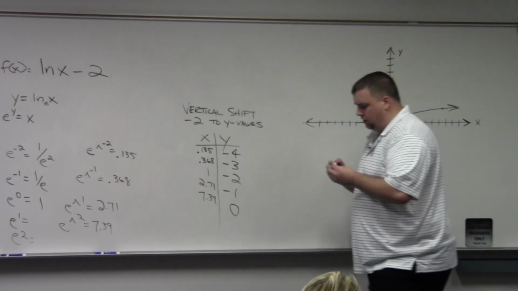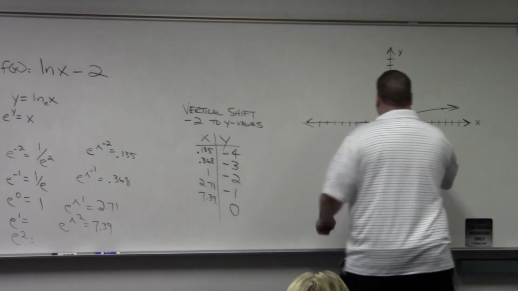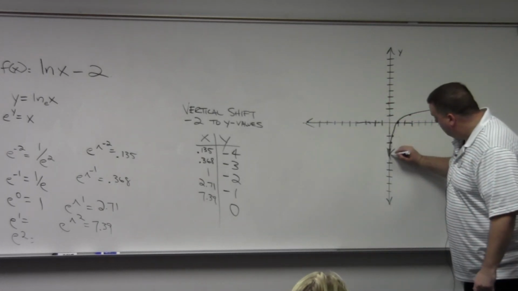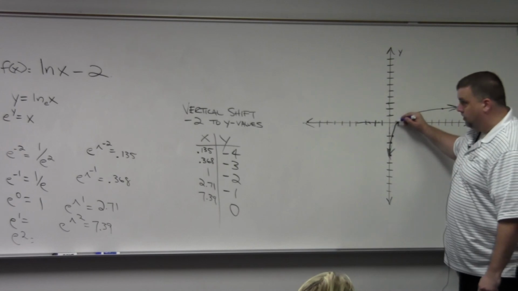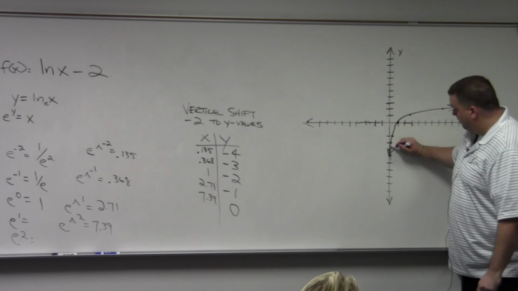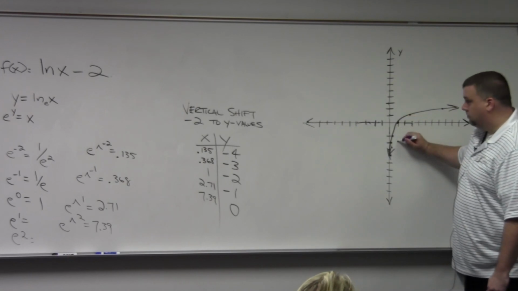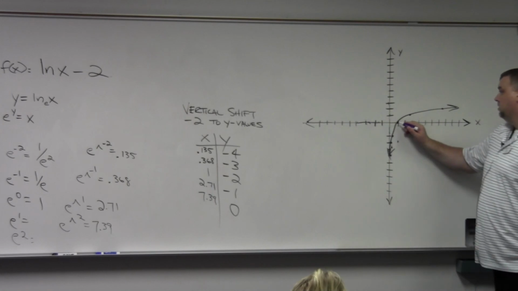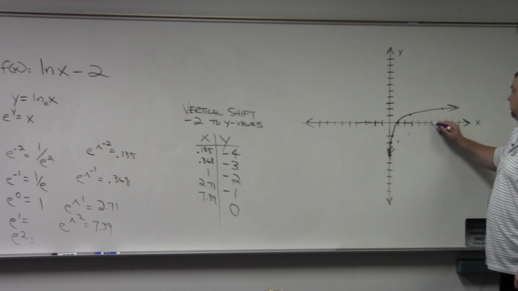Let me do it in a different color. 0.135 down 4. 0.368 down 3. 1, -2. 2.71, -1. And 7.39, 0.